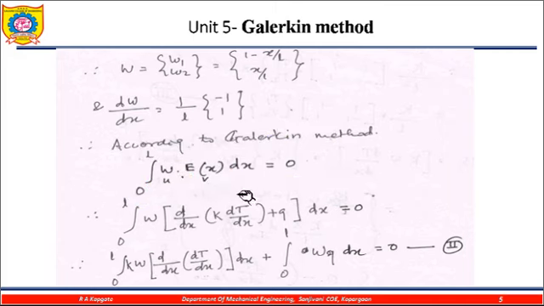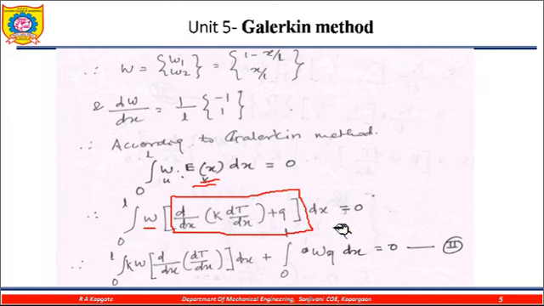Hence, now let us move on. For the error of approximation we keep w here, then the error of approximation is equal to my differential equation: d by dx of k dT by dx plus q, into dx, is equal to 0.